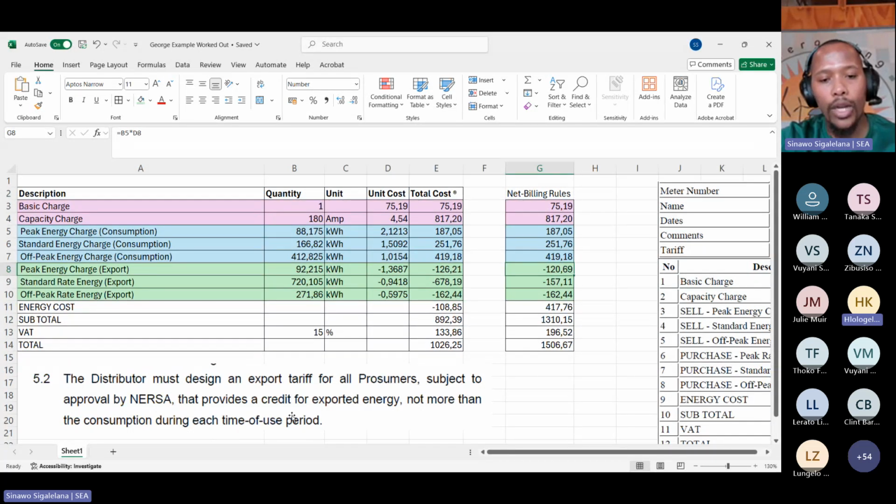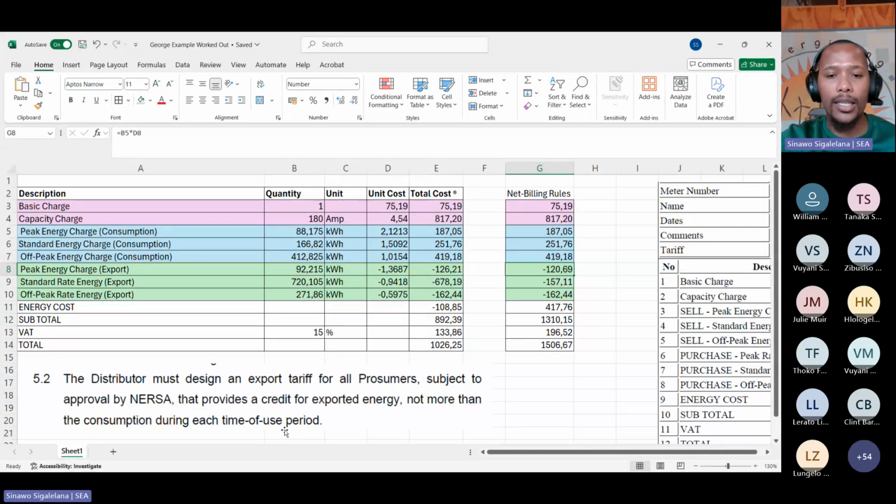You credit exported energy, but not more than the consumption. Consumption in my mind is kilowatt hours, and credit will be rands per kilowatt hour. And time of use will be peak, standard, and off-peak.